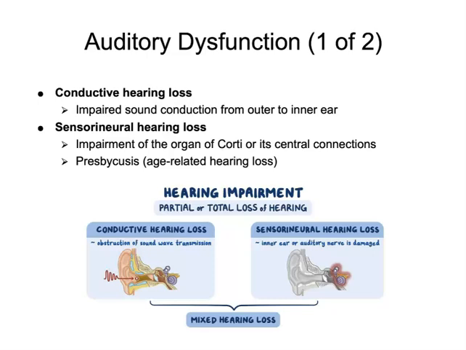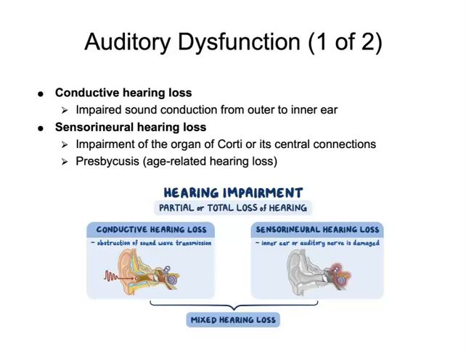And this condition can be presbycusis, which is a multifactorial sensory neural hearing loss, where we have difficulty hearing high-pitched tones and conversational speech. It typically is going to be bilateral and is age-related.